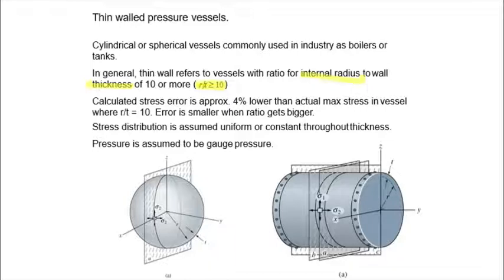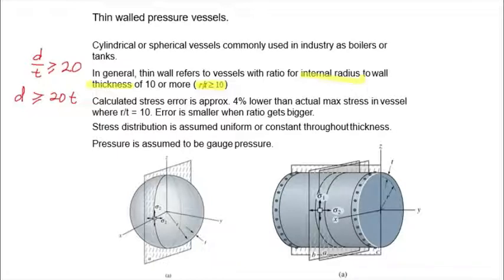In other words, in certain texts we use D over T, the diameter of the pressure vessel with respect to T, and this must be greater than or equal to 20. Or in simple words, we say D is larger than or equal to 20 times the thickness, or the radius is at least 10 times the thickness of the wall for the pressure vessel, right?